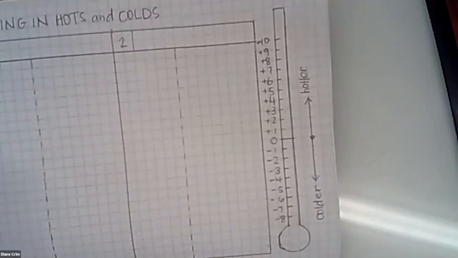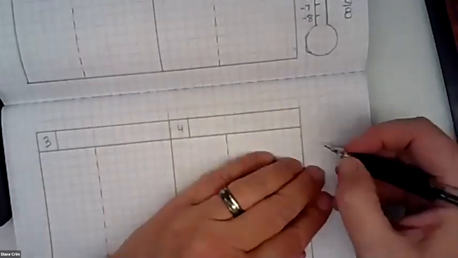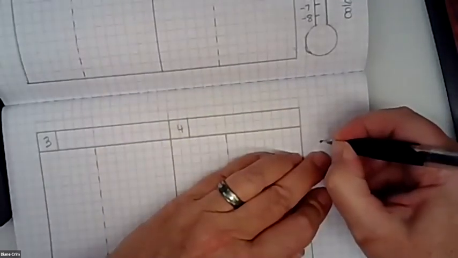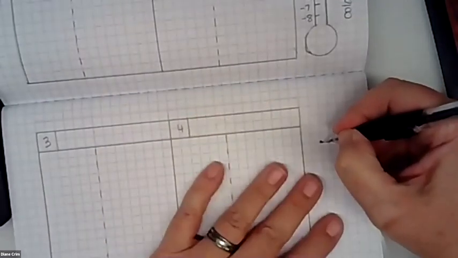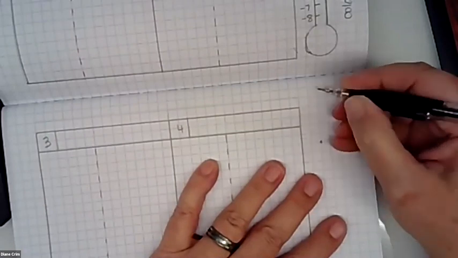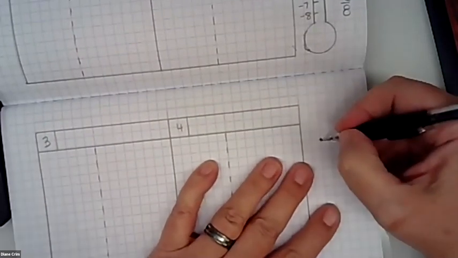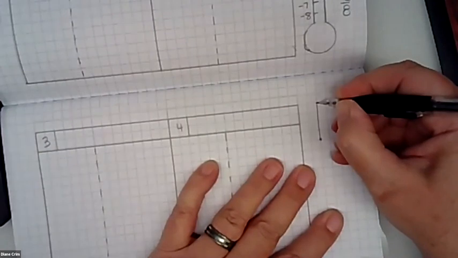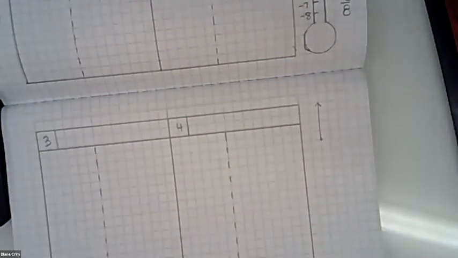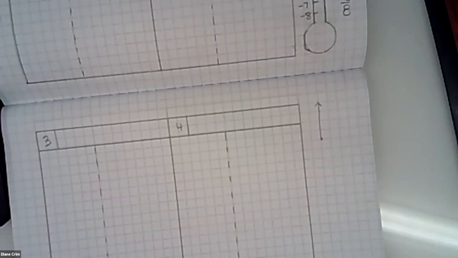So let's just write down and remind ourselves what a vector is. This is where the vector starts. It can either go up or down. I'm just going to have my example be an up vector. And when you draw a vector, you need to label it with 2 things.